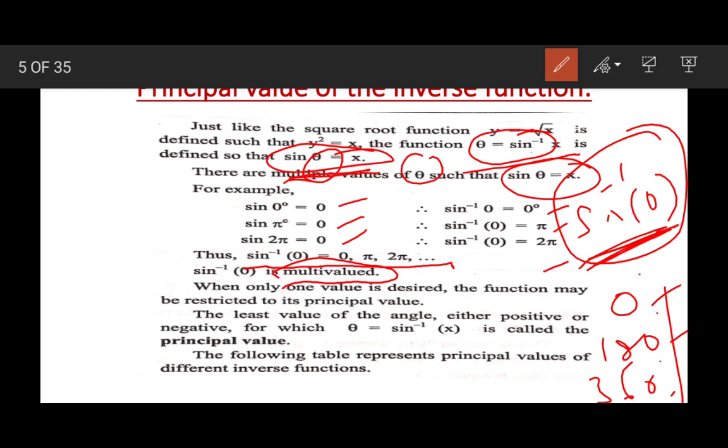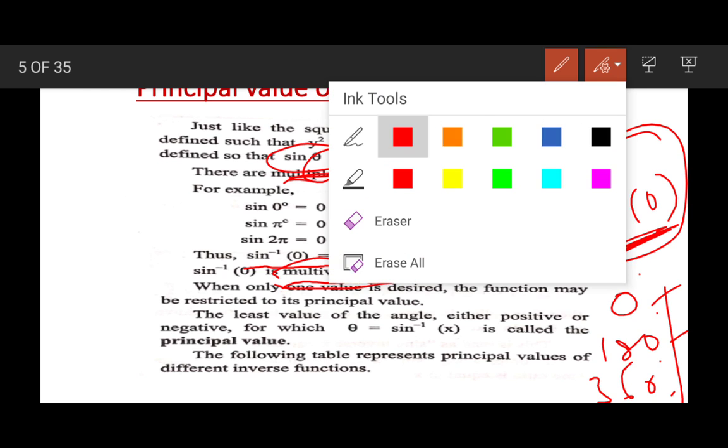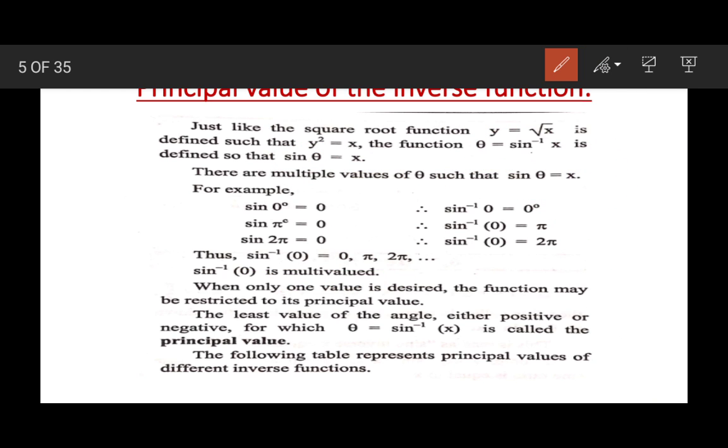Multi-valued means sine inverse 0 has many values. Clear? As sine inverse 0 will give 0, pi, 2 pi, and so on, sine inverse 0 is a multi-valued term. Multi-valued term means it will give many values.